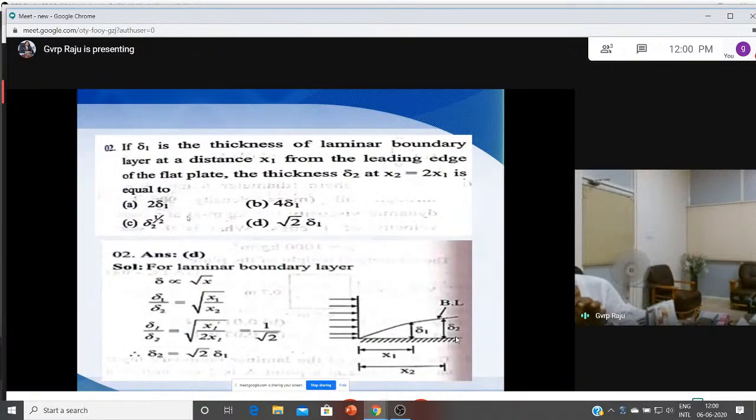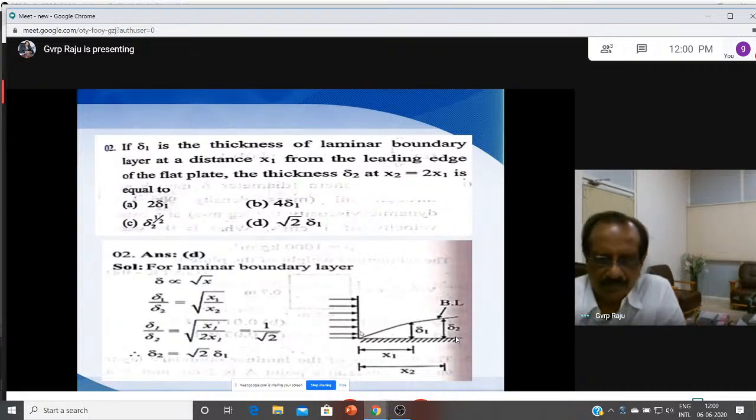If delta 1 is the thickness of the laminar boundary layer at a distance of x1 from the leading edge, the thickness delta 2 at a distance of x2. Simple equation, as you know, the thickness of the laminar boundary layer depends on, so this is only for the laminar boundary layer zone.